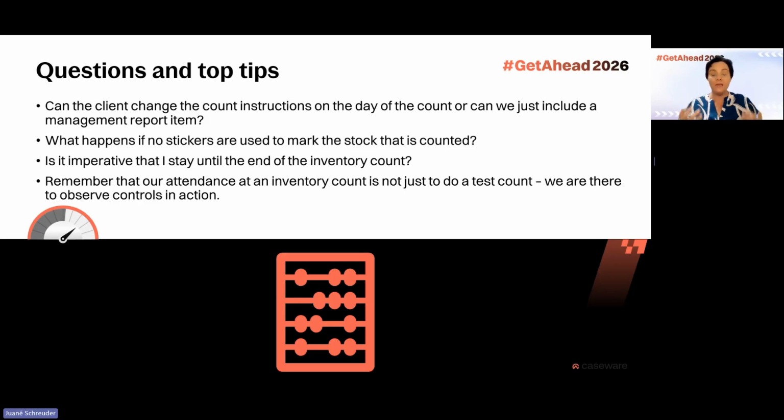The big evidence that we are getting is the control element of the client performing the count. The fact that the client performs the count is part of their control system, and we are checking if their control is operating. Part of the control is the design, the instructions that they give the staff to say, this is what you must do at the stock take. We consider those instructions before we attend the stock take, and we decide if this control is sufficiently designed.